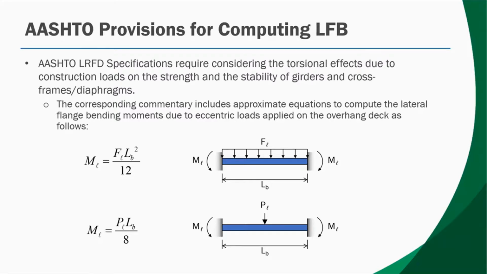Lateral flange bending moments are assumed to be uniform over the unbraced length, or the distance between cross frames or diaphragms for a given unbraced segment of an exterior girder, and the moments are computed as shown. And then simply by dividing by the section modulus of the flange, we can obtain the stresses necessary for design.